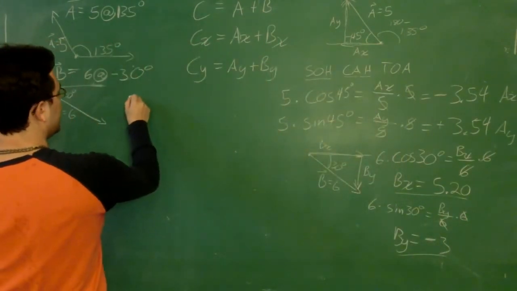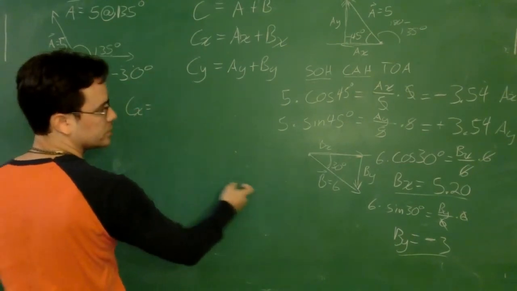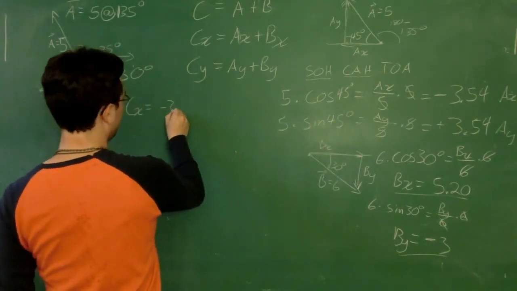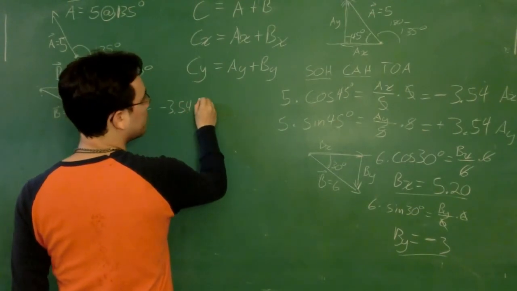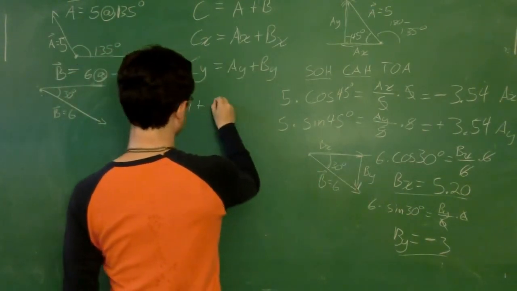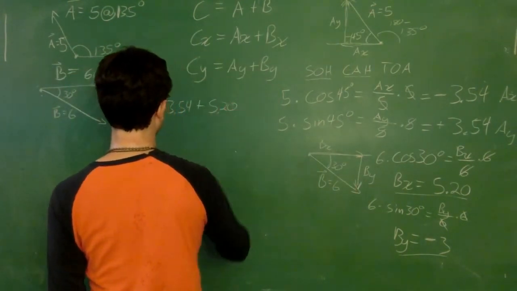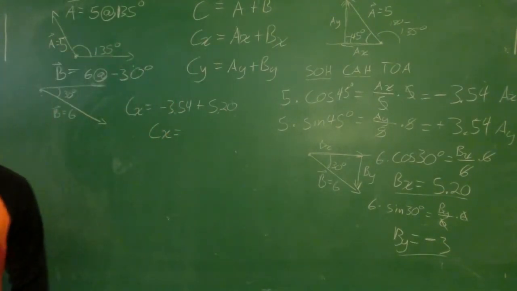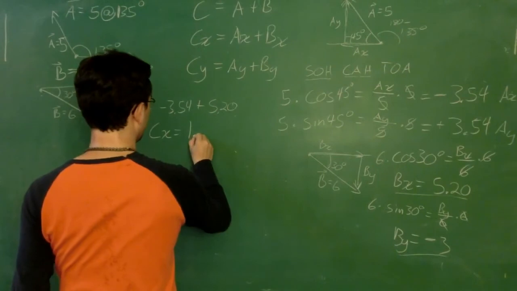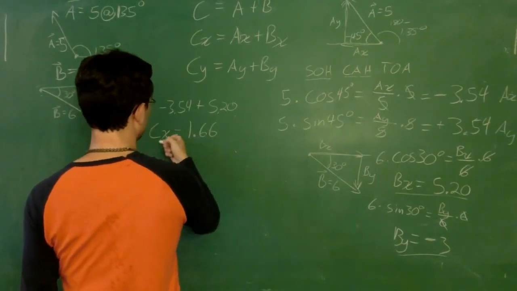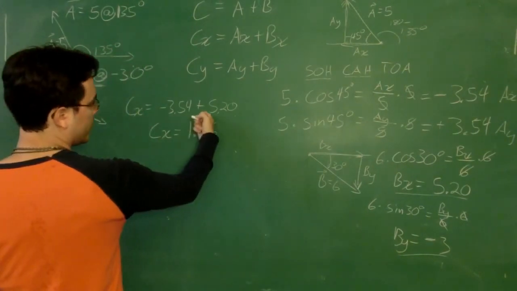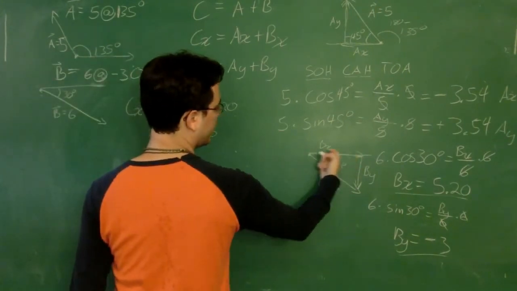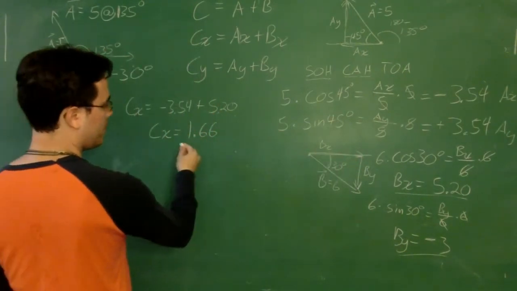Well, I can find that my c sub x equals a sub x, which is negative 3.54, plus my b sub x, which is 5.20. Okay, so c sub x equals, where did I write that guy down? There he is. 1.66. And you'll notice it's positive because we had a bigger component over here, and so it got rid of the negative but got much shorter.